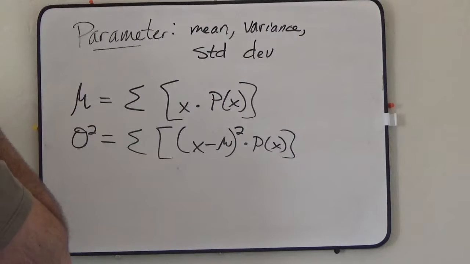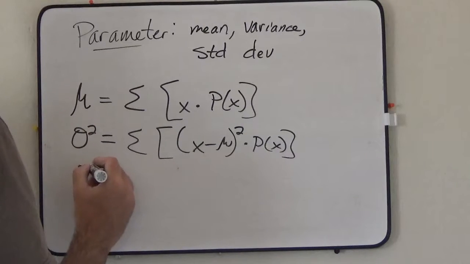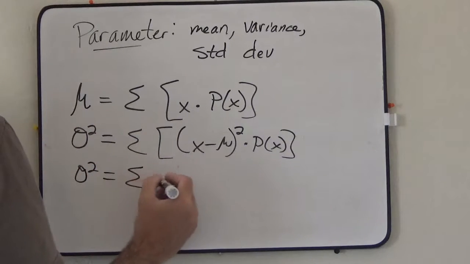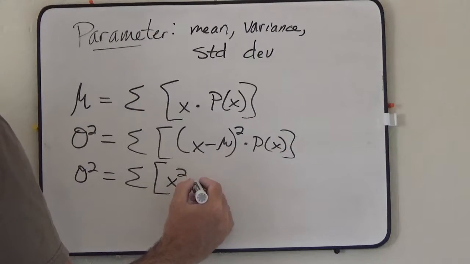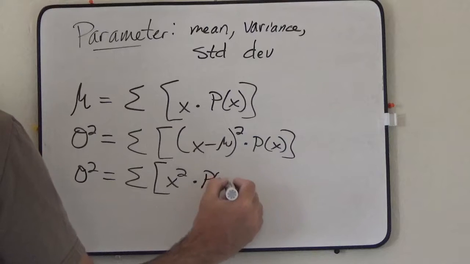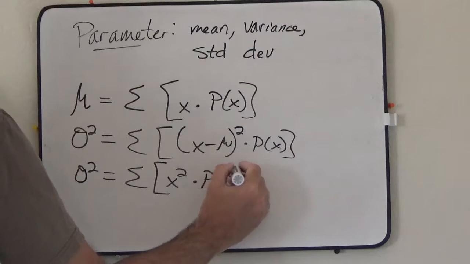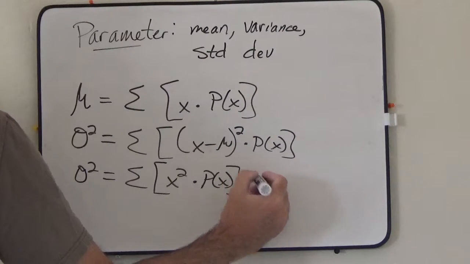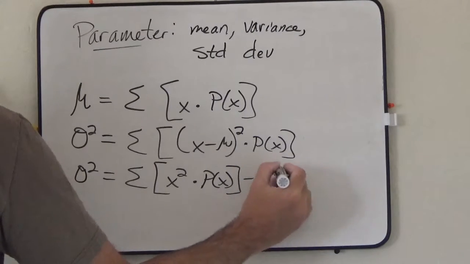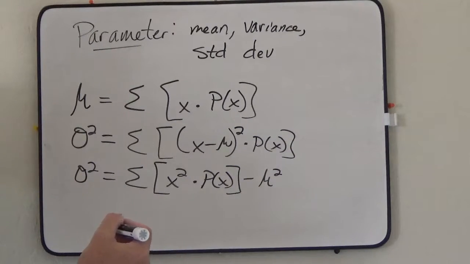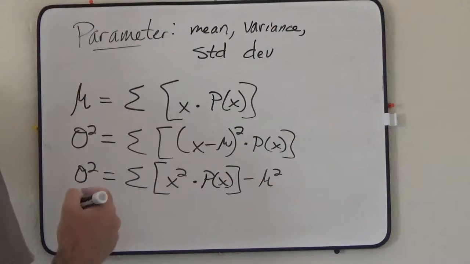Another way to look at this as well is the sum of X squared times the probability of X minus mu squared. Mu, once again, means the mean.